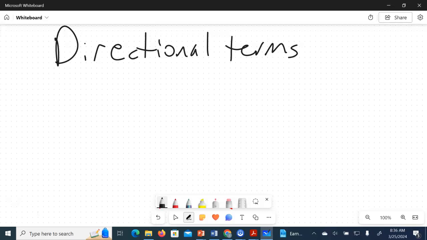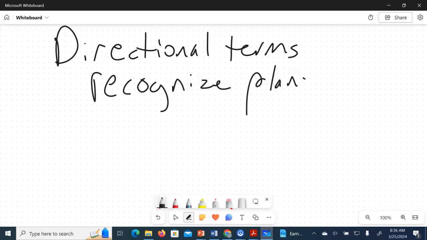Be able to recognize the planes. So your sagittal and your transverse and your frontal planes, be able to recognize those because you will see that in terms of what kind of plane is this, and you should be able to identify that as a transverse plane if you see that section on the exam.